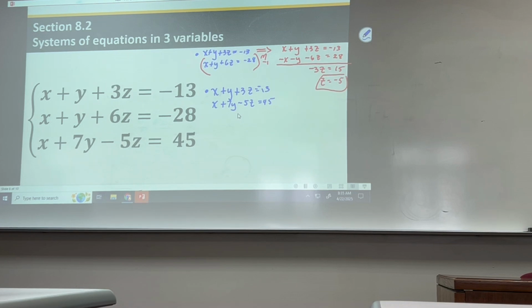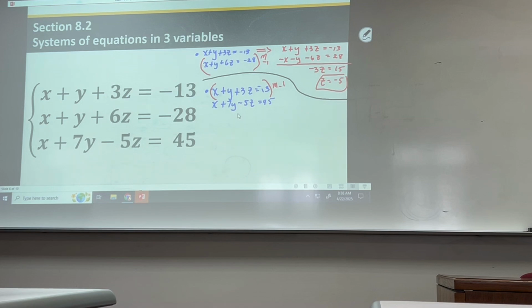Do the same thing you did for step 1. Do you want to multiply the first one through by -1 or the second one? Because it doesn't matter. What do you think? Someone say first one? Okay, so if I take the first equation and multiply through by -1, it's just going to change the signs, right?